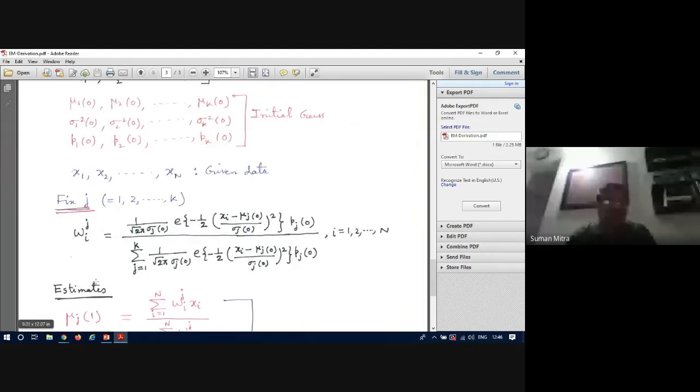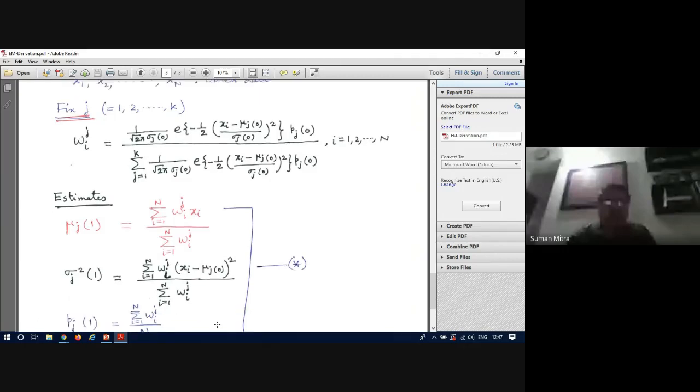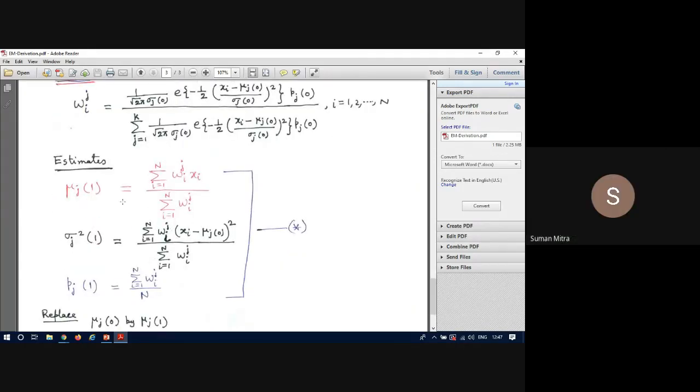We call it Wij, and then the estimate of mu will be the weighted mean, weight being Wij, the estimate of sigma will be the weighted variance, weight being Wij, and P will be the sum of Wij, sum over i equal to 1 to n, divided by capital N.